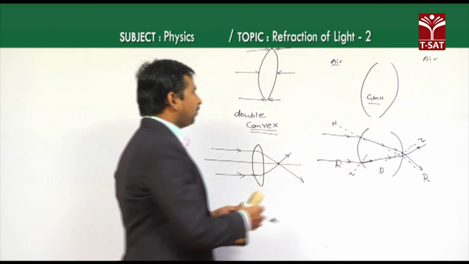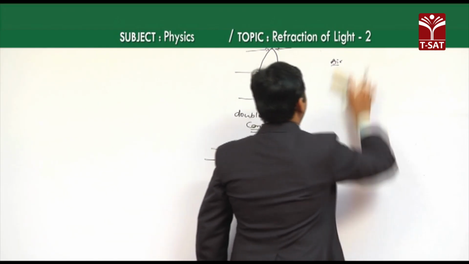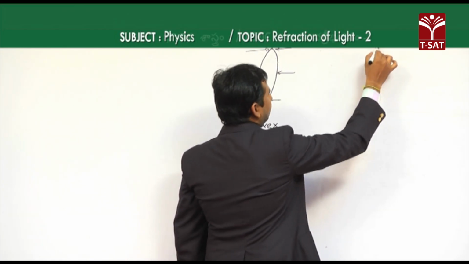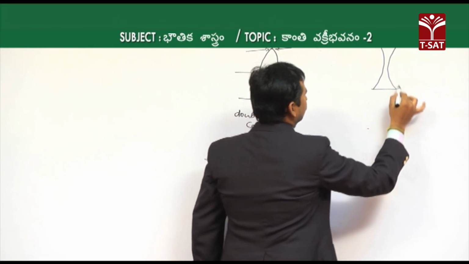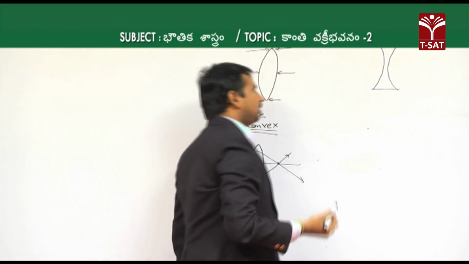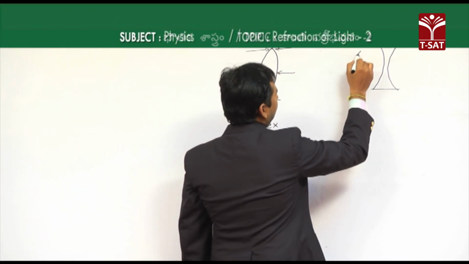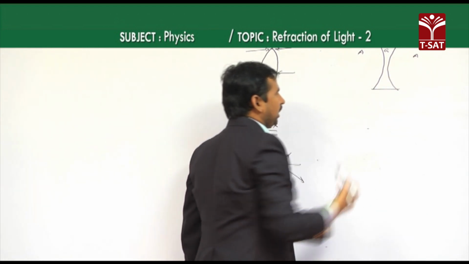Okay. And in the same way, if you are taking for the case of a concave lens nature, if you see a double concave, okay, means like this, two surfaces. This is a double concave lens, and again just like the previous one, here we are having air and this is glass and coming back to air here.